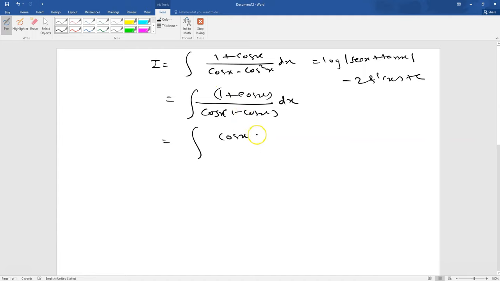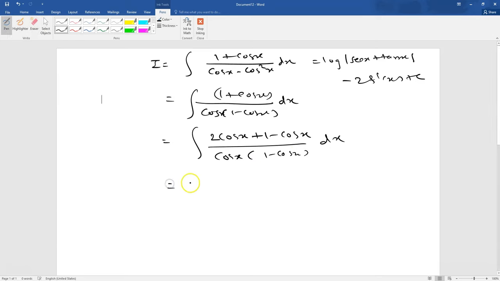So this will be 2 cos x plus 1 minus cos x. 2 cos x minus cos x will be cos x, so cos x times 1 minus cos x dx.